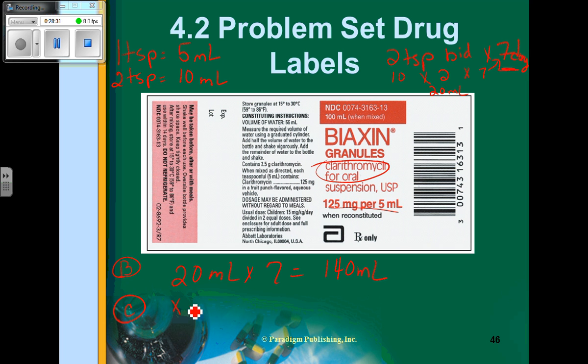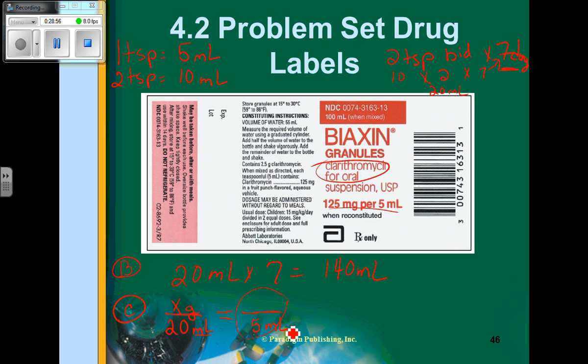So you take X grams, and we know they're taking 20 milliliters daily, so X grams at 20 milliliters. Then over here is what you have in stock, which is 125 milligrams per 5 milliliters. So we know we have 5 milliliters here.